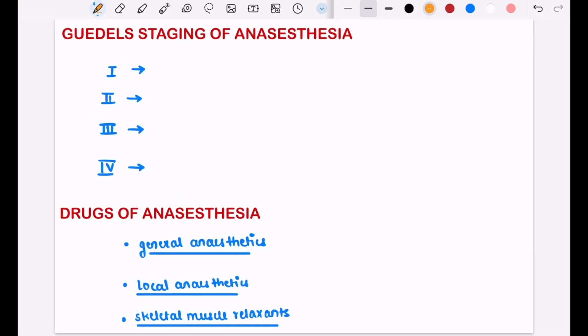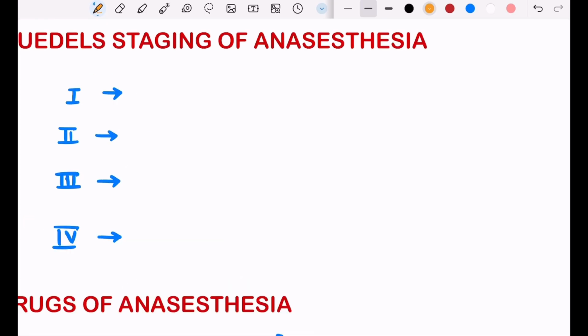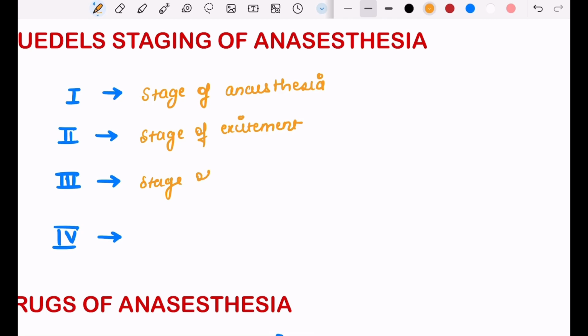What is the Guedel's staging for anesthesia? Stage 1 is the stage of analgesia. Stage 2 is the stage of excitement. Stage 3 is the stage of surgical anesthesia.